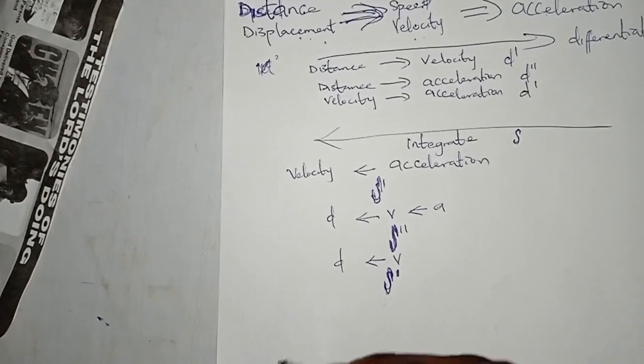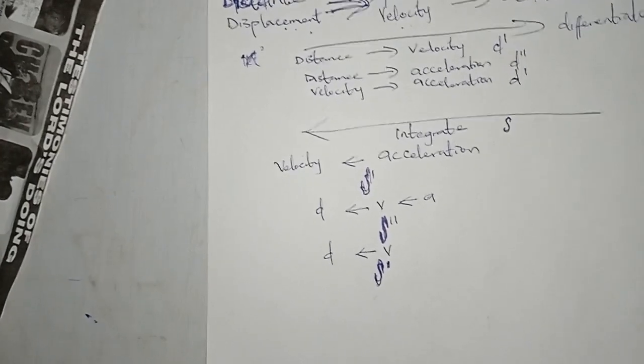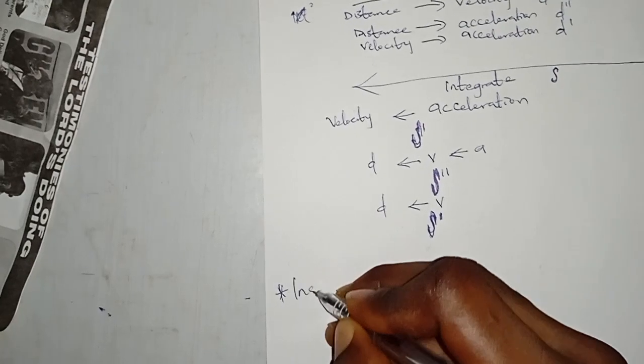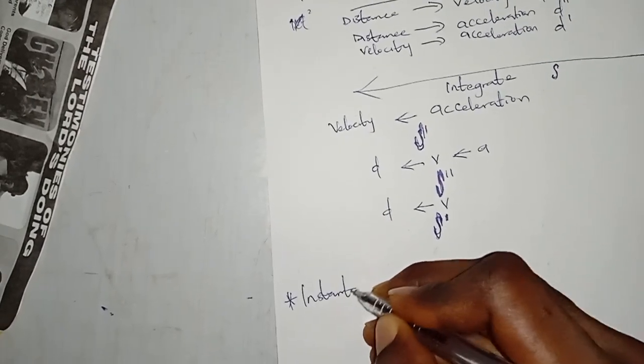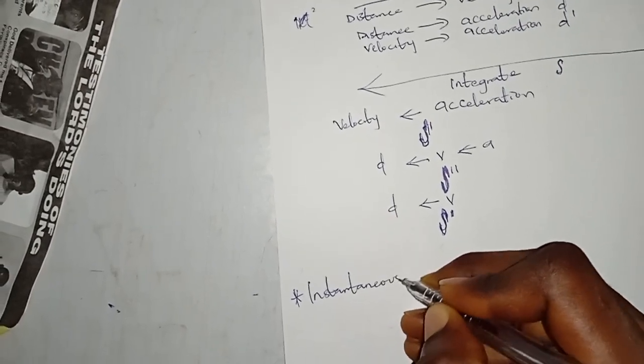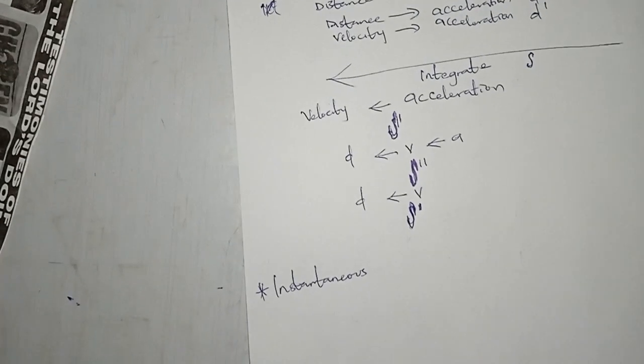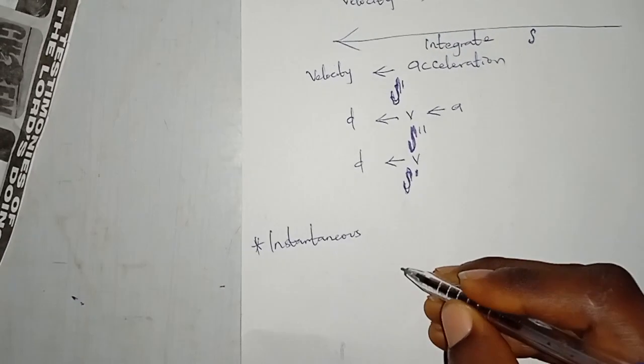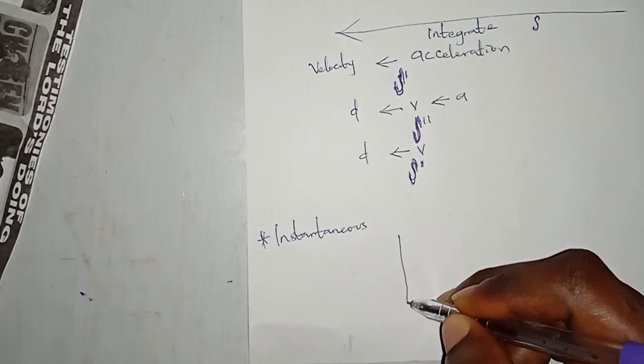So the next thing I'm going to teach you, after this, you need to be aware of what we call instantaneous velocity, instantaneous acceleration, or whatever. Whenever you hear this instantaneous, it's more like taking you to a graph.